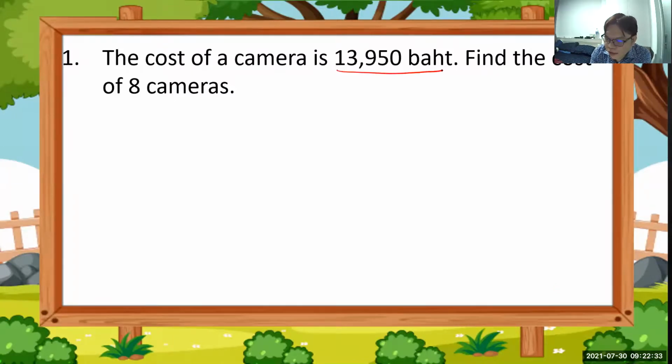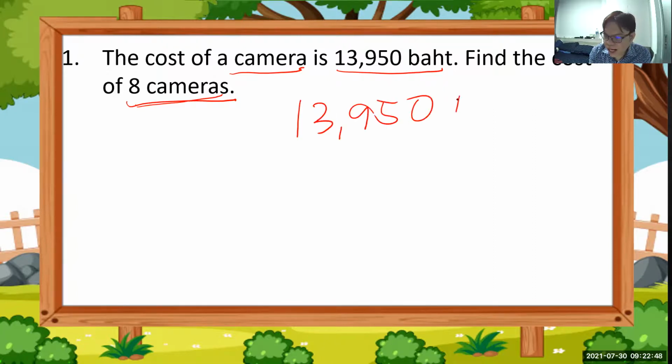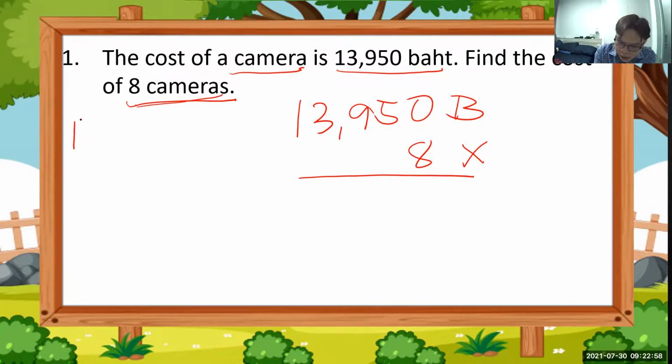Another example here. 13,950 baht is the cost of 1 camera. But you have 8 cameras. Find the cost of 8 cameras. So what do we do? We multiply 13,950 baht times 8 cameras. Remember, Teacher Almond asked you to find the keyword first.